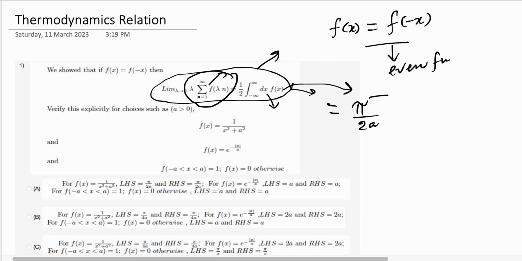Now since you know that at lambda tends to 0 this series always converges to this integration, you don't have to worry about this series. You only have to use this theorem and write it in integration form, and you will easily calculate the limiting value of this series.